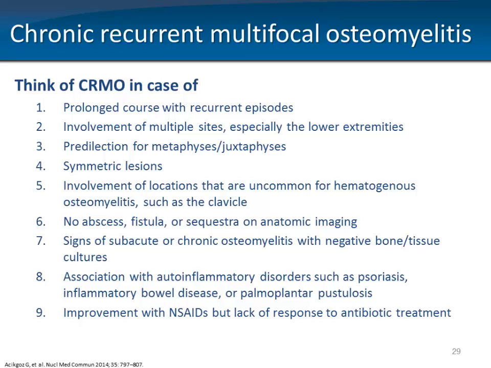Again, you do not really see the changes you would expect with longer existing osteomyelitis, so no abscesses, fistula, and so on. Cultures are negative, or there is association with autoinflammatory disease, and it improves with non-steroidal anti-inflammatory drugs, but it does not respond to antibiotics.